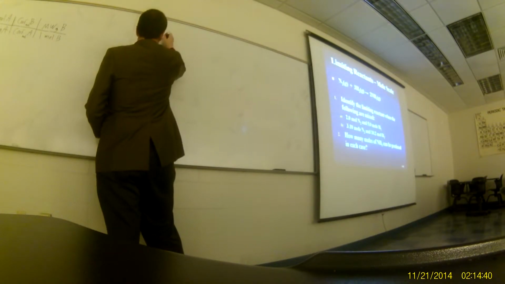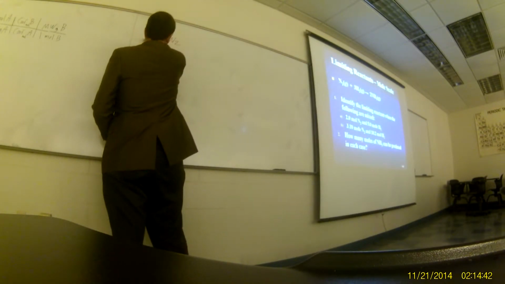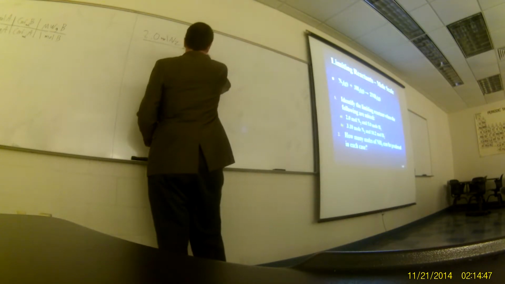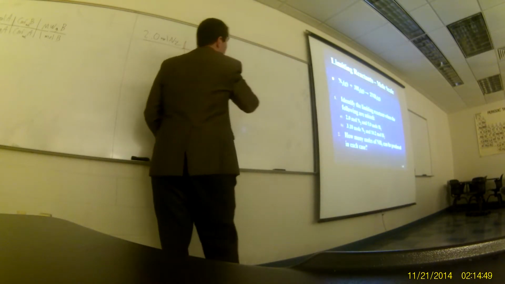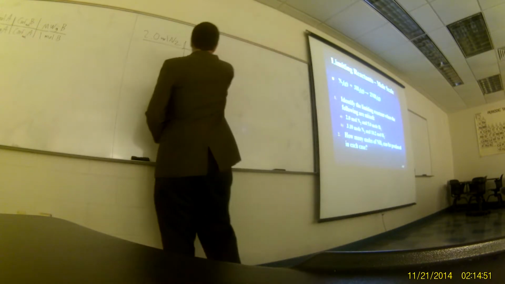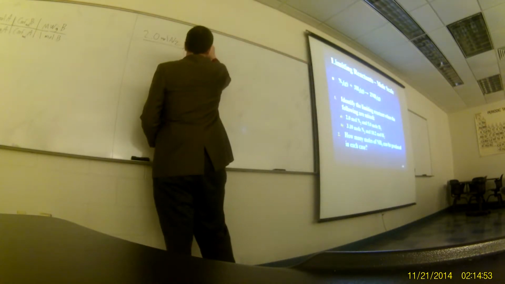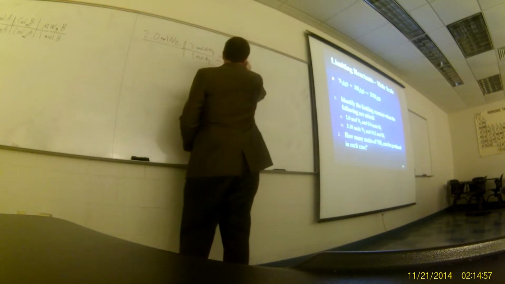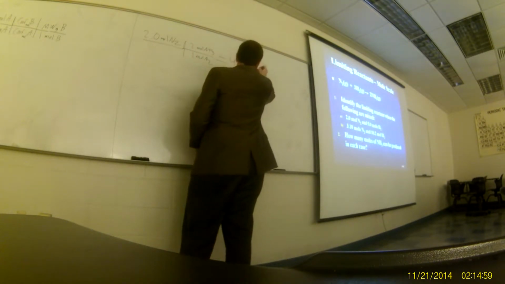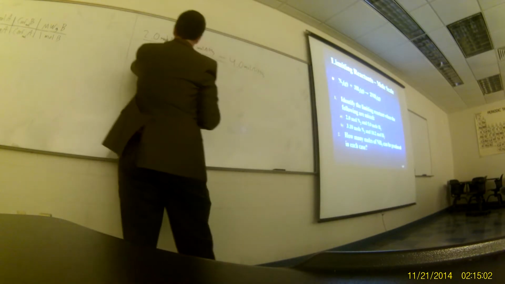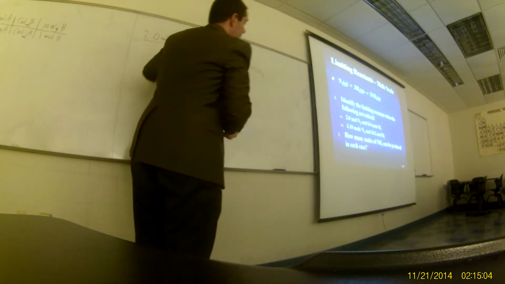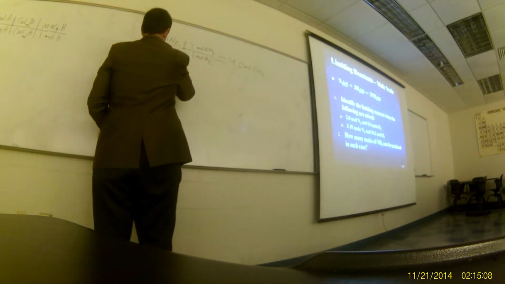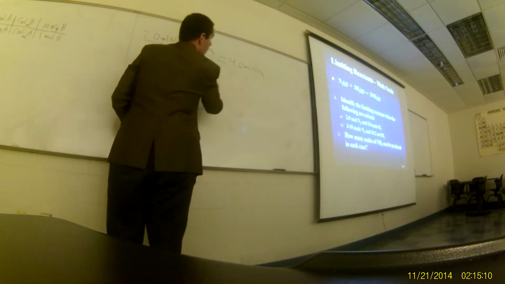So we've got 2.0 moles of nitrogen. Nitrogen is a 1. So I've got 1 mole of nitrogen and 2 ammonia. And so that is 4.0 moles ammonia. 2 times 2 is 4. And then I've got 5 moles of hydrogen.